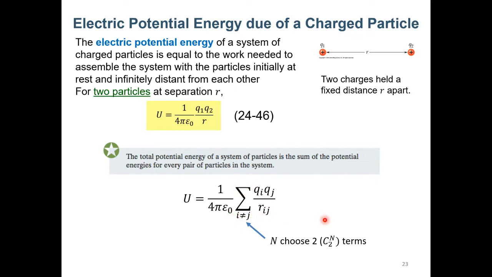We have n particles in total, so we pick two and calculate the energy stored there, and then we pick another two. If we randomly choose two out of n particles without repetition, we can have NC2 combinations.